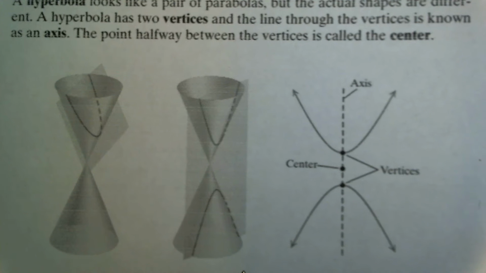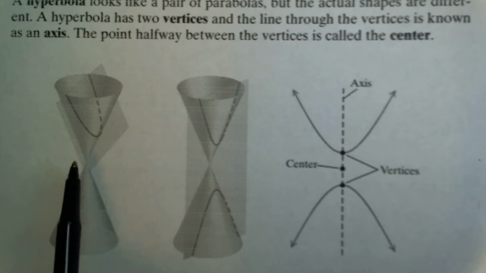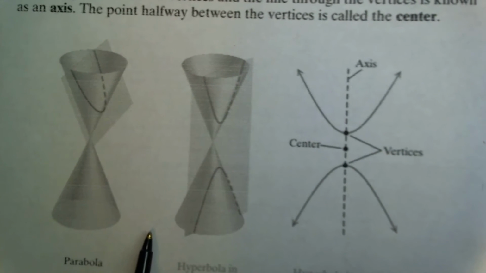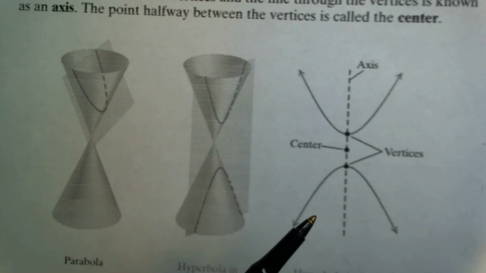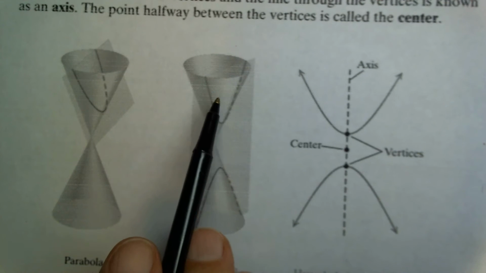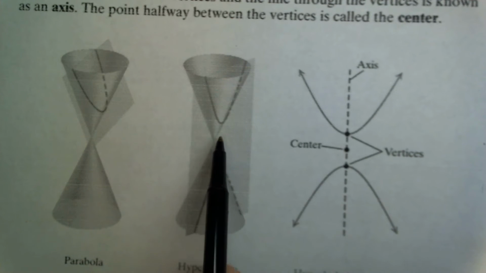When we cut a cone in this fashion here, parallel to the side, then we get a parabola. But when we cut it coaxial or in parallel to the vertical axis, then we get the hyperbola, the two branches of the hyperbola, with a vertex here and there.